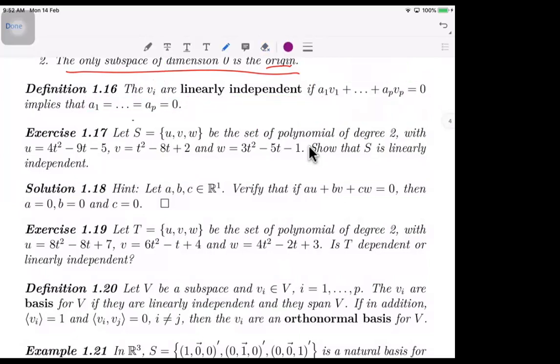Okay. So suppose your set S, with U, V, W, be a set of polynomials of degree 2, meaning exponent 2.